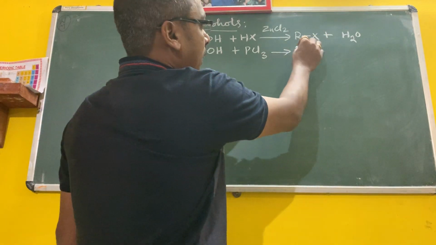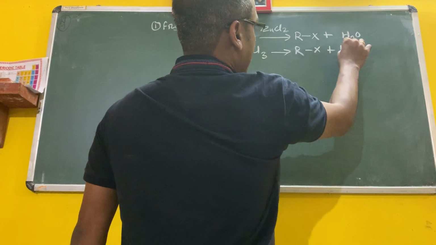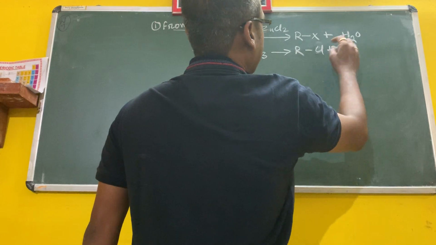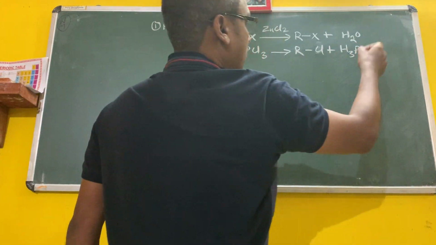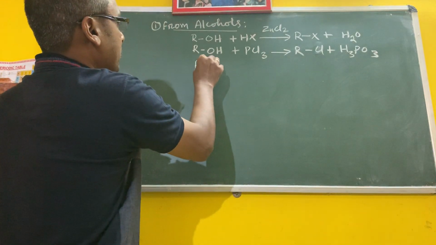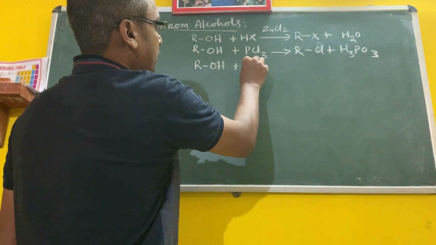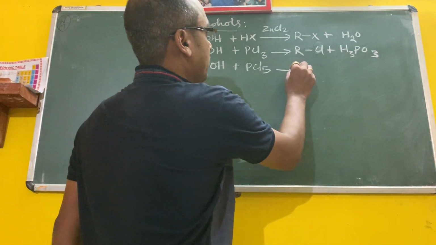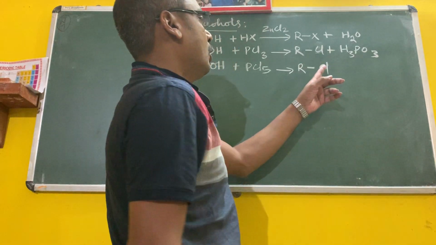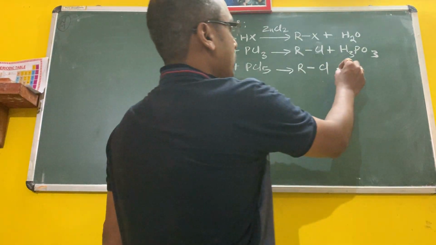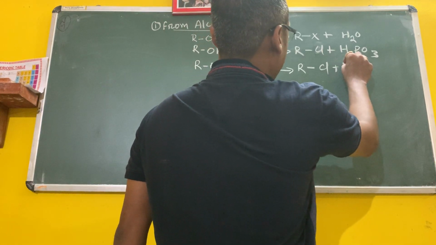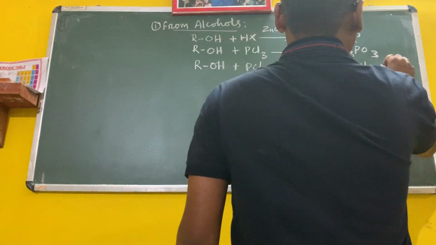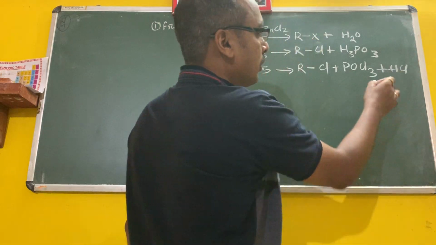PCl3 gives again alkyl halide, RX, where X is chlorine, plus H3PO3, phosphorous acid. Then the next one is again alcohol plus PCl5, phosphorus pentachloride, which gives again alkyl halide, that is chloroalkane or alkyl chloride, plus POCl3, phosphorus oxychloride, plus HCl.